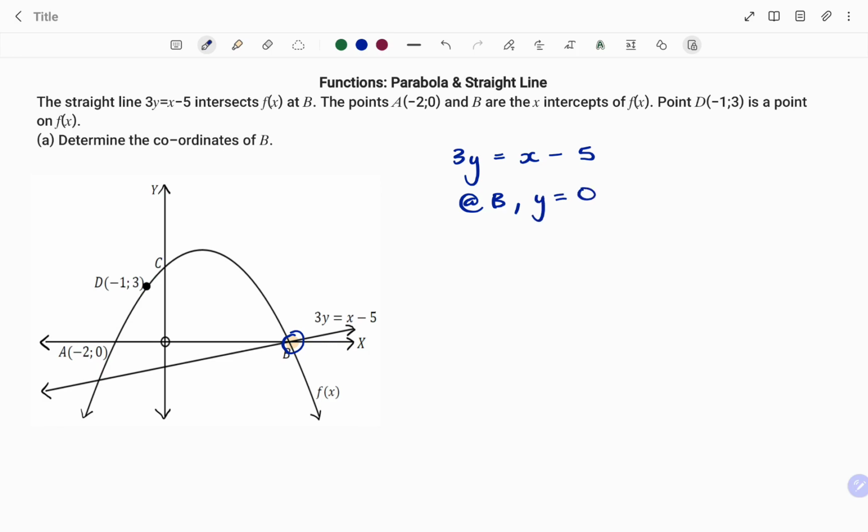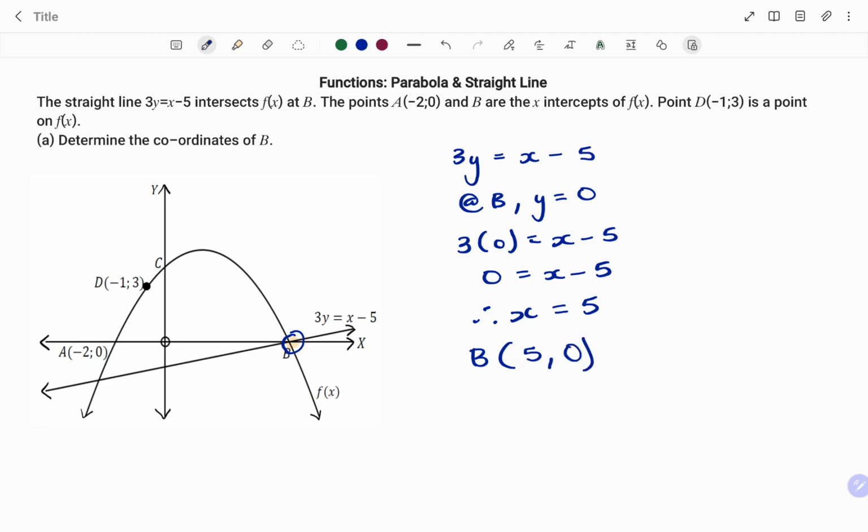So to find the x coordinate, we substitute y equals 0 into our equation. So we have 3 times 0 equals x minus 5, 0 equals x minus 5. Therefore, the value of x equals 5. So the coordinates of B are x is 5 and y is 0.